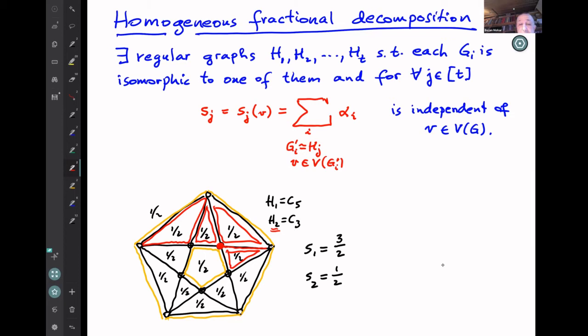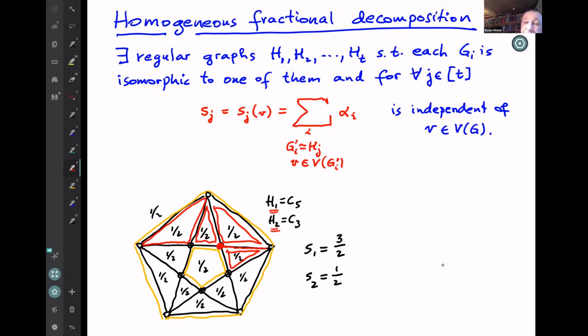So basically here I have 2 types of graphs. One is a pentagon and one is a triangle. And I have a fractional decomposition into copies of these graphs. And each vertex has the feature that it is adjacent to the same number of C5s and the same number of C3s. Well, here by the number, I don't really mean the number.